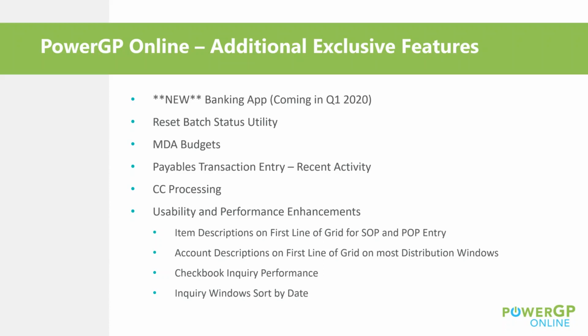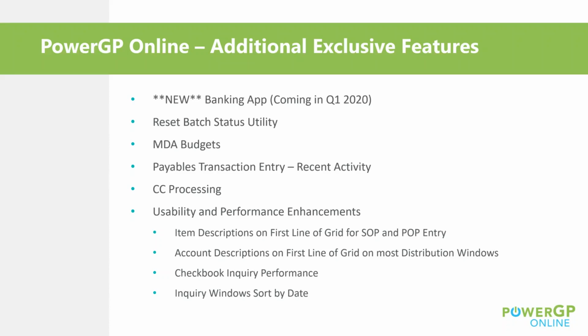We're all used to going to the batch recovery window, which works sometimes, but not others, depending on what's wrong with the batch. What our batch reset utility does is take those scripts that we as partners and people supporting the system would run in the back end in SQL. It'll run those for us.